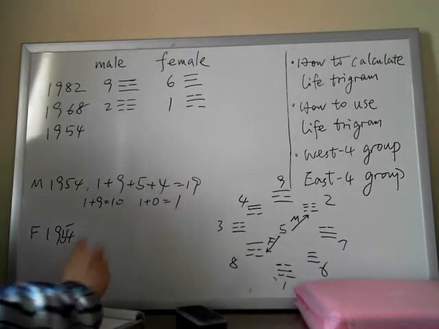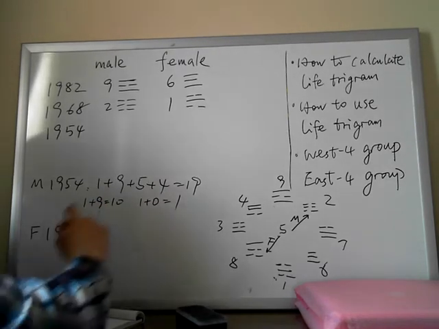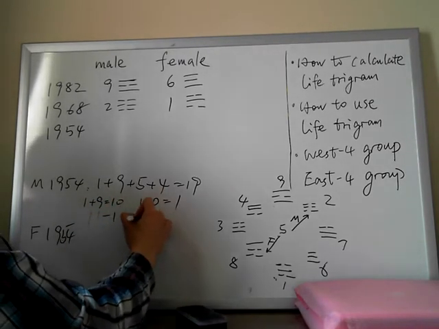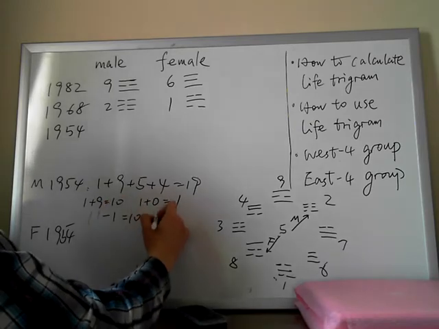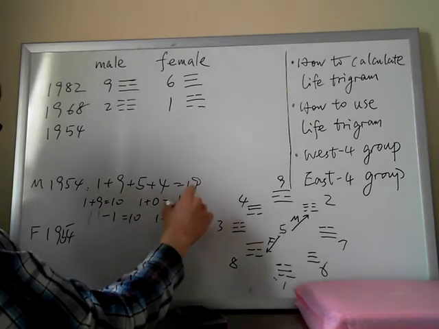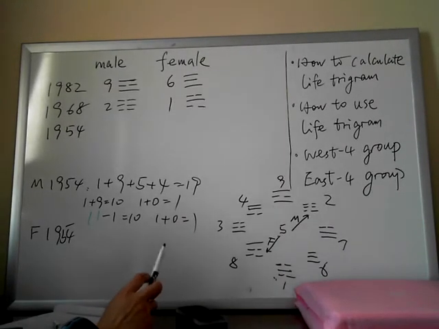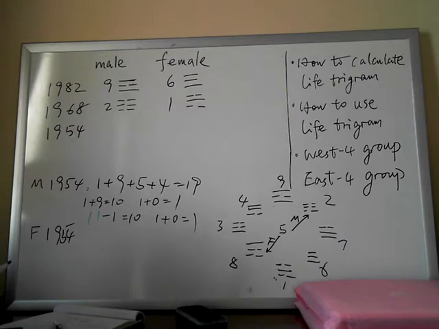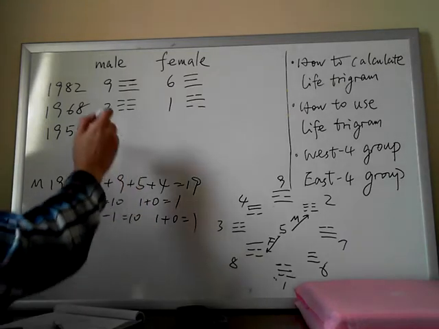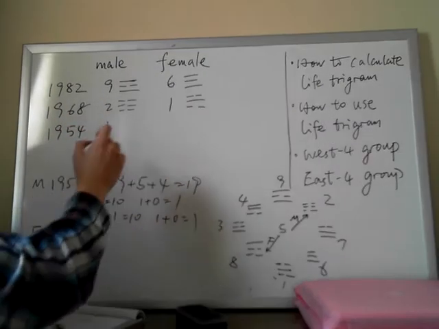Then you use 11. Subtract 1, get 10. Single digit. 1 plus 0 equals 1. So for a male born in 1954, the life trigram is Kan.